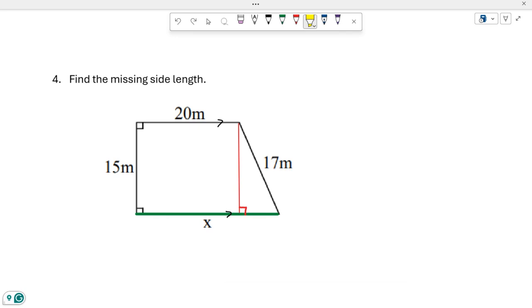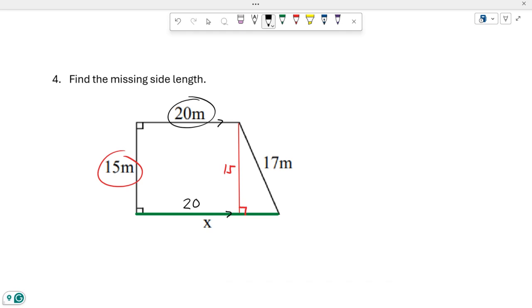The altitude in red, well, if this is 15, then this has to also be 15. So the thing that I just drew, I know that that's 15. And the other thing that I know is, if I cover up the triangle for a second and look at just the rectangle, if this is 20, then this piece of the rectangle is also 20.